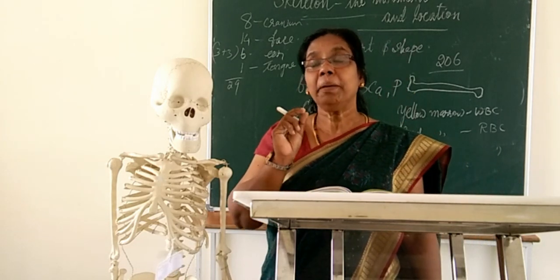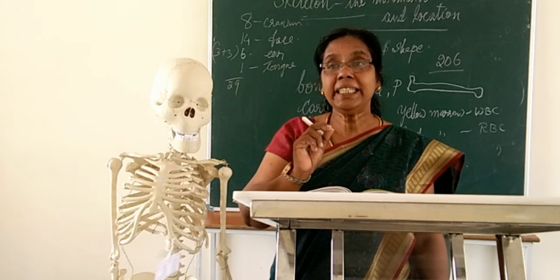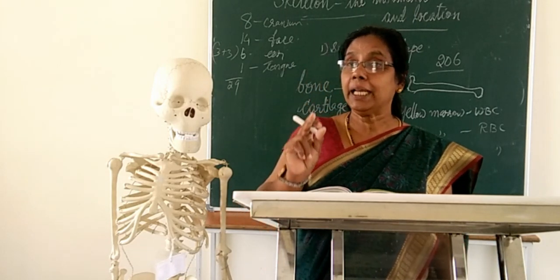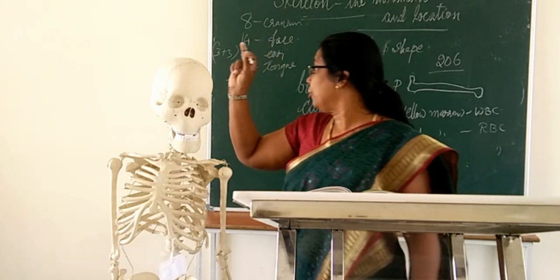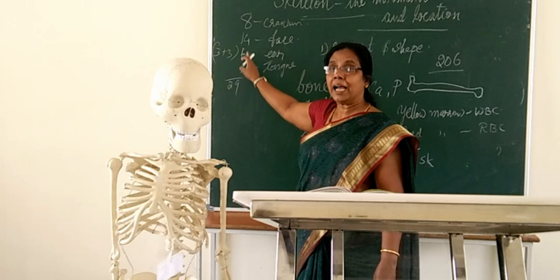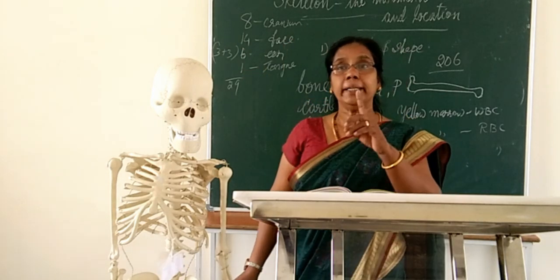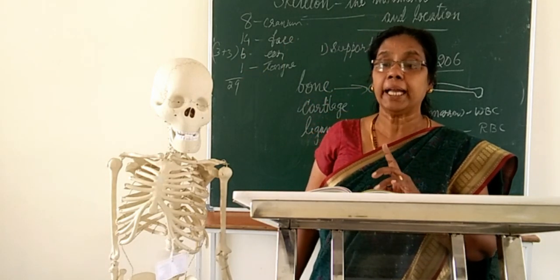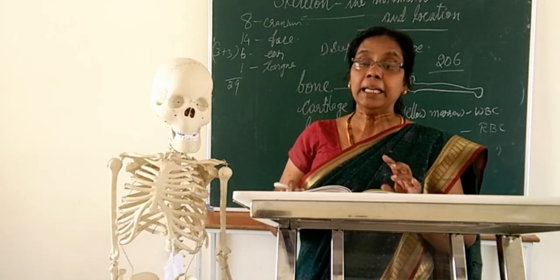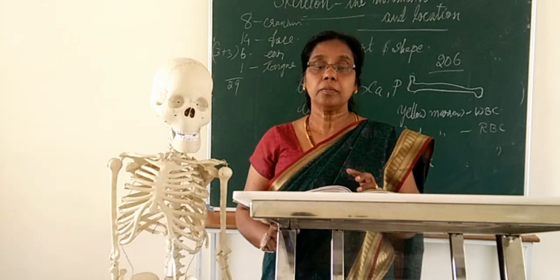So it becomes what? 29 bones. So 22, you don't tell. It will be 29. Okay. Because you have to add the bones present in the ear and the other one which holds the tongue. So totally 29 bones are present in the skull region.